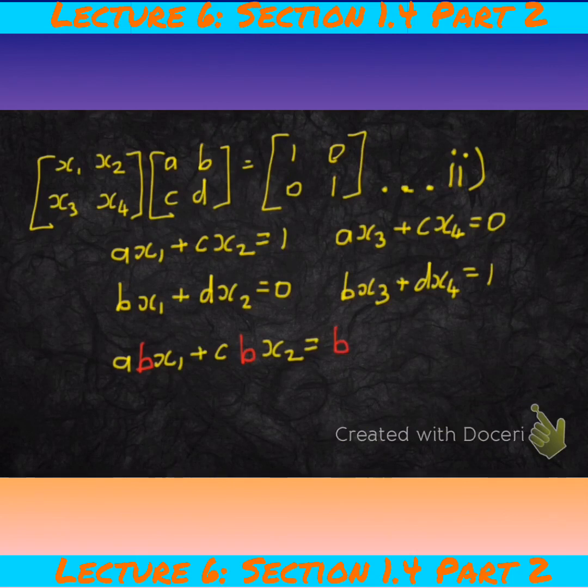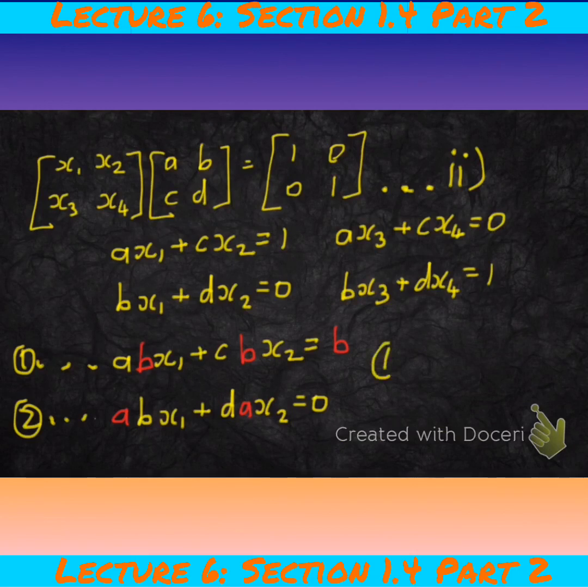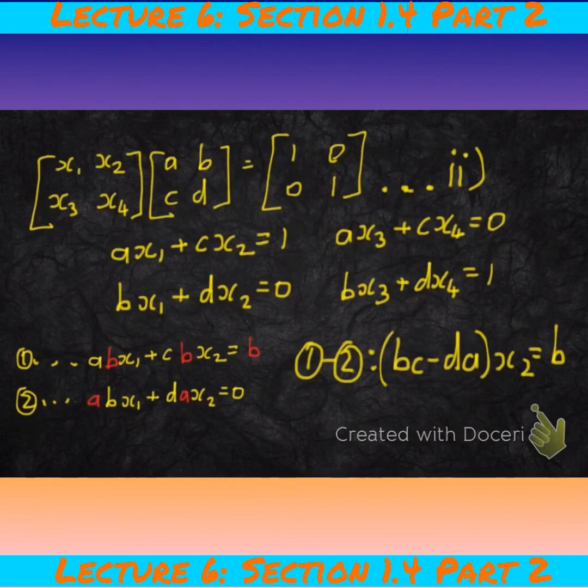Then I'm going to take the second equation and multiply through by a, there we go, multiply through by a. Again, I label that my first equation and that my second equation, and I take from 1 and subtract 2. What I'm left with is BC minus DA times x2 is equal to B.